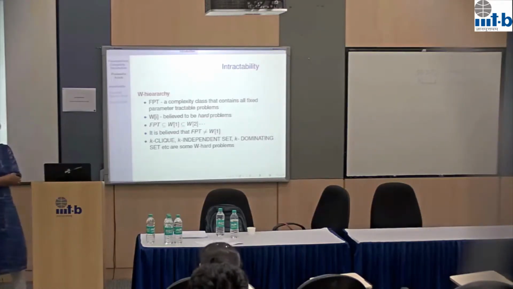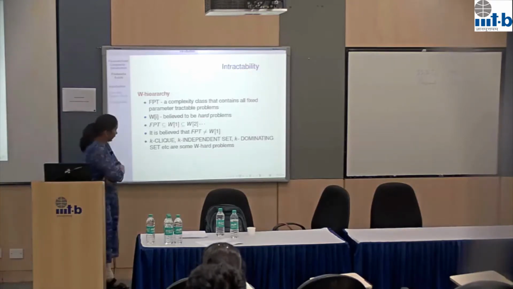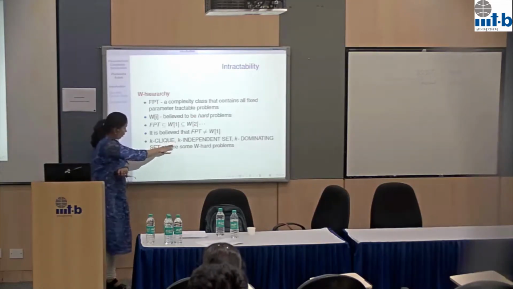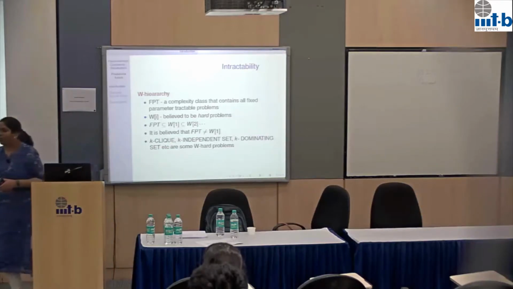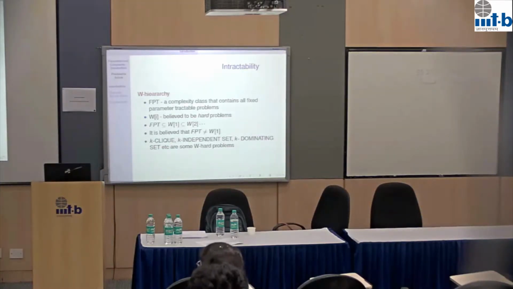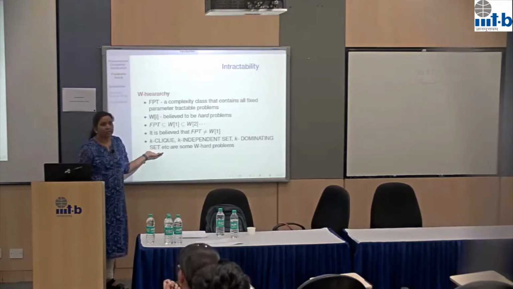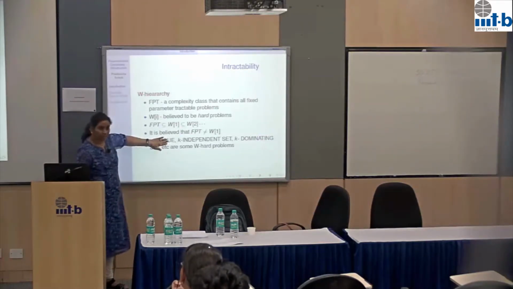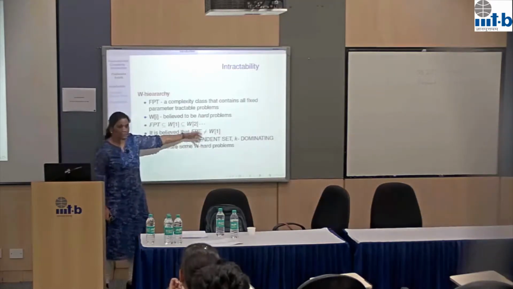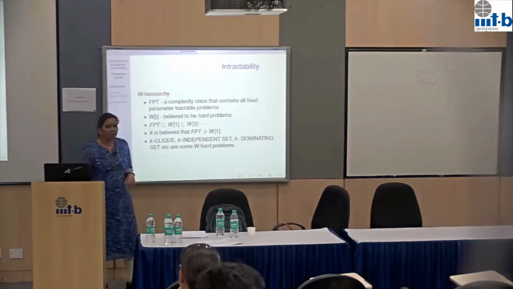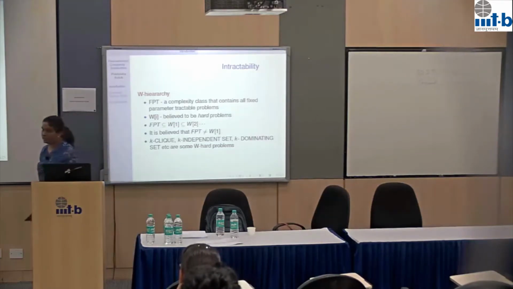Some of the problems known to be W-hard are these. K-Clique: finding a clique of size K. Given a graph, decide whether there is a K-clique in the graph, parameterized by K. Independent set of size K, parameterized by K. K-dominating set, checking whether there is a dominating set of size K, parameterized by K.